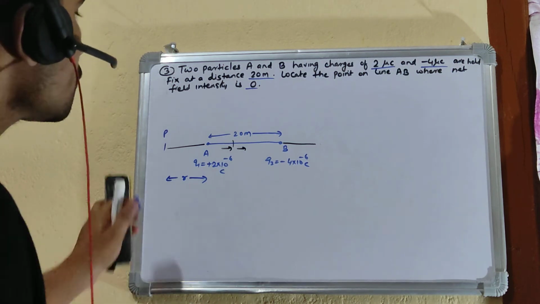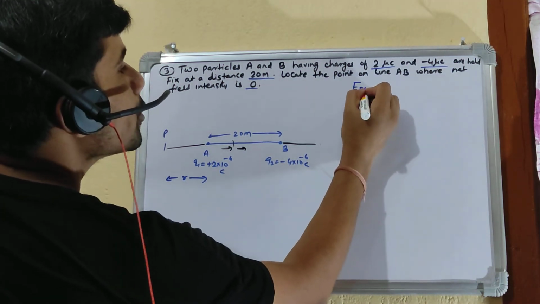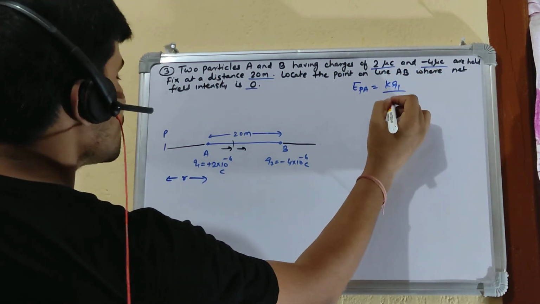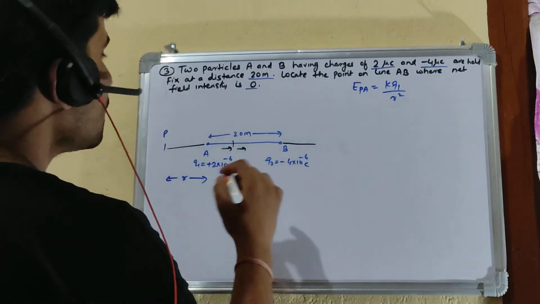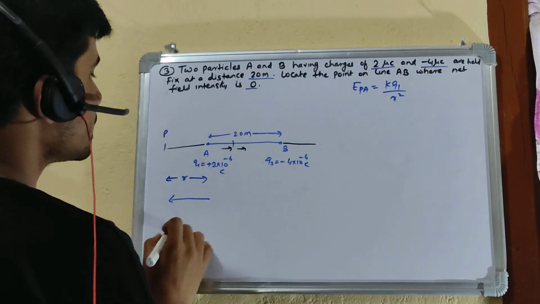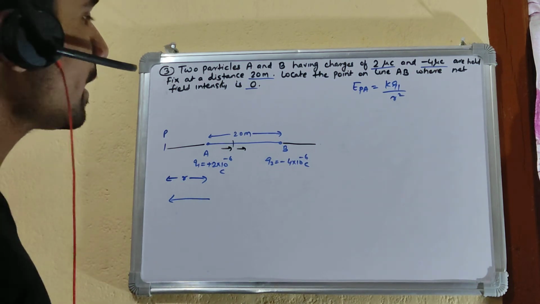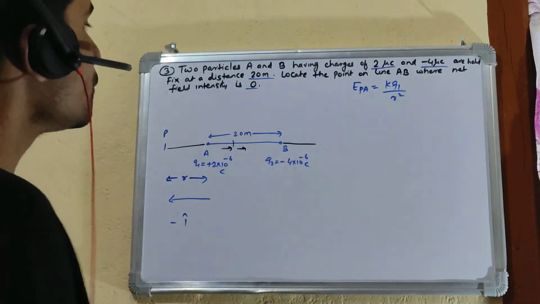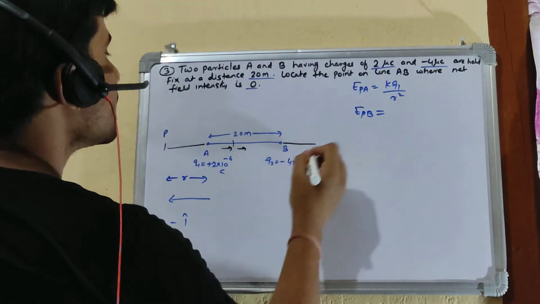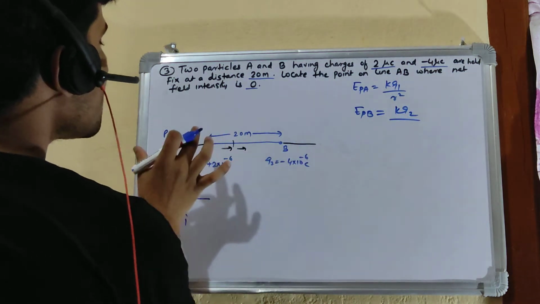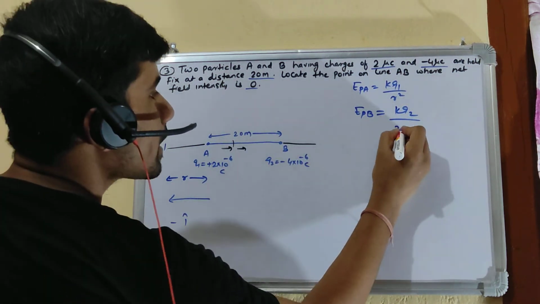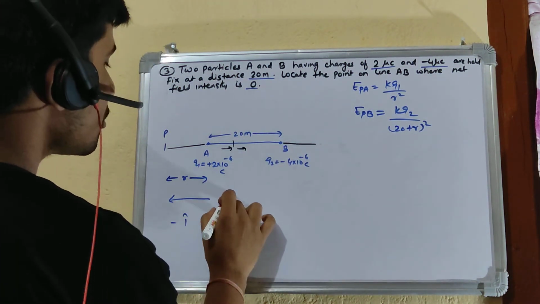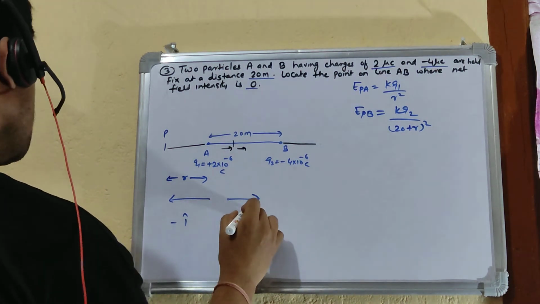Now field on P due to A is nothing but KQ1 by R square, and it is in the direction towards the left, or you can say minus i cap, negative X. Due to B, field on P will be KQ2 by (20 plus R) square, net distance being 20 plus R. Since this is a negative charge, the direction will be towards the right, plus i cap.